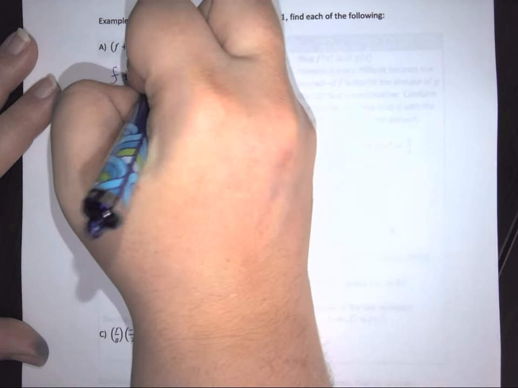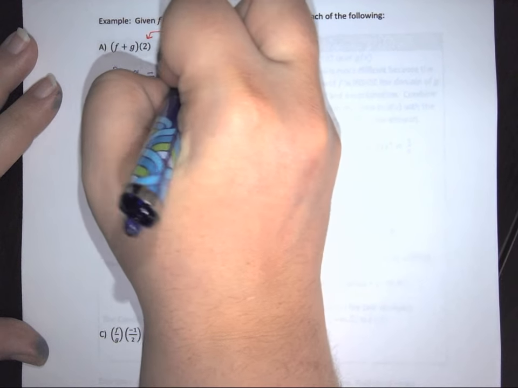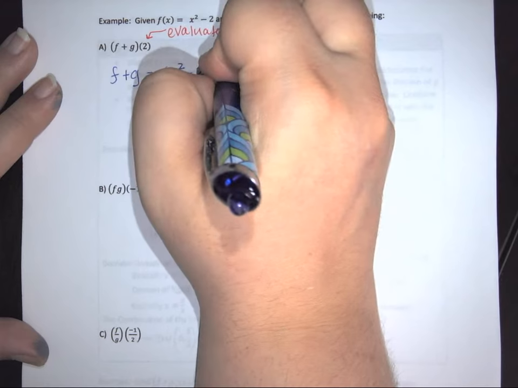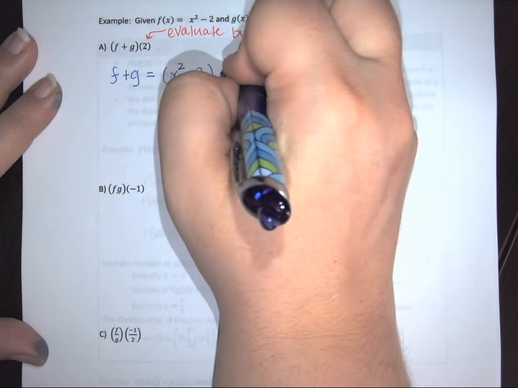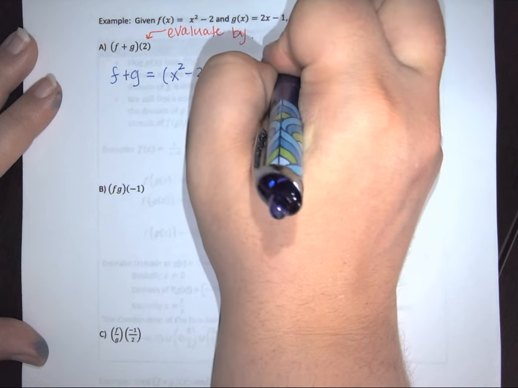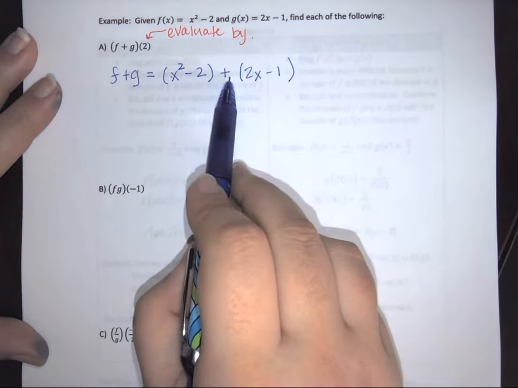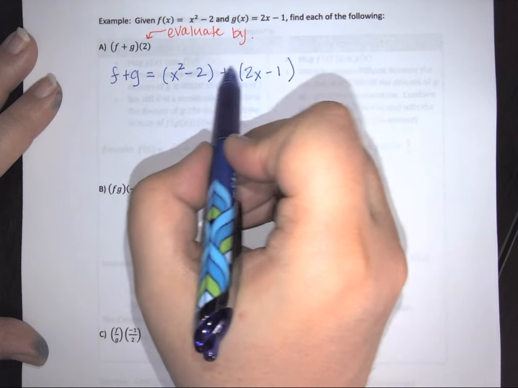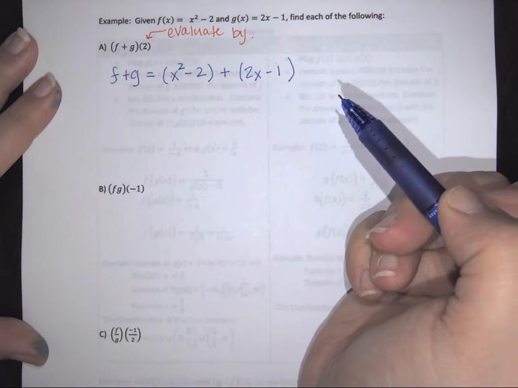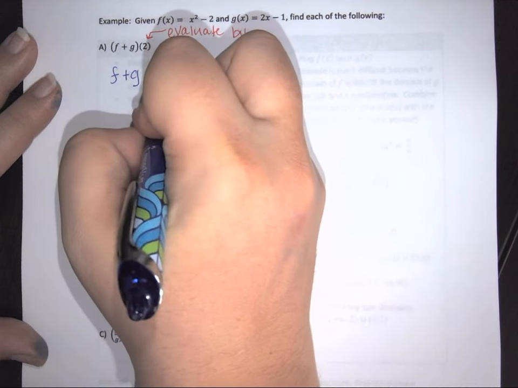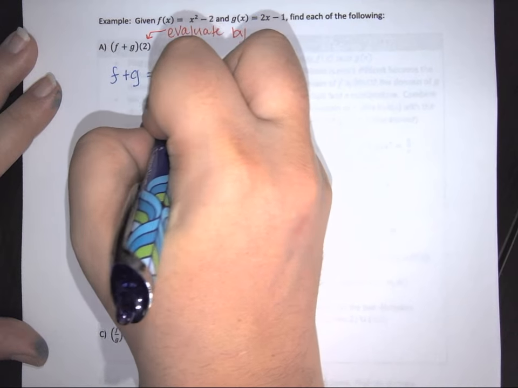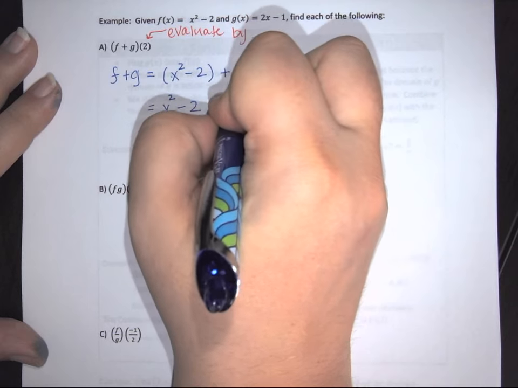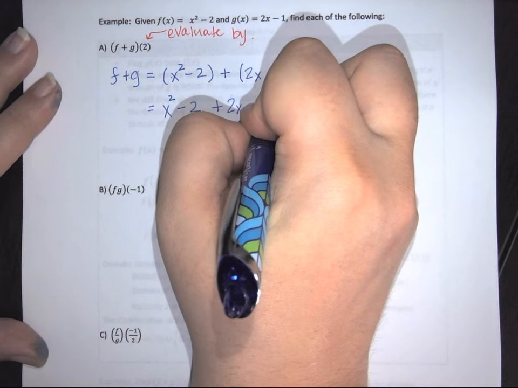My f was x squared minus 2, and I'm adding this to my g, which is 2x minus 1. Well, my plus sign has to flow through this back parentheses, and nothing's going to change, so this is x squared minus 2 plus 2x minus 1.